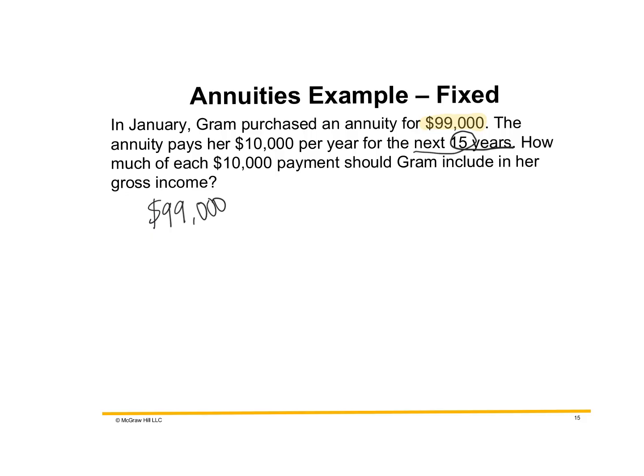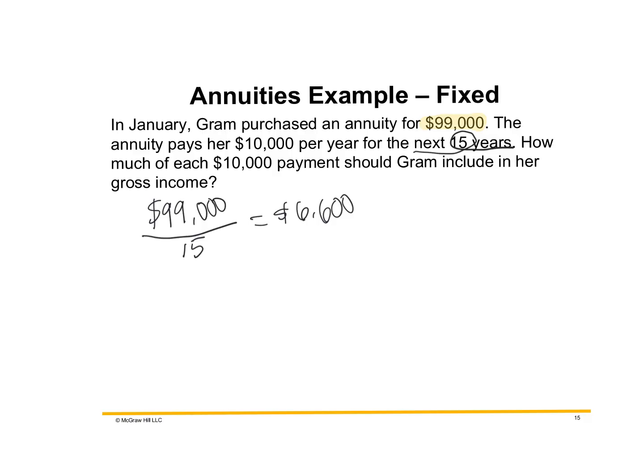So if we take 99,000 and then divide that over 15 years, that should get us $6,600 per year.